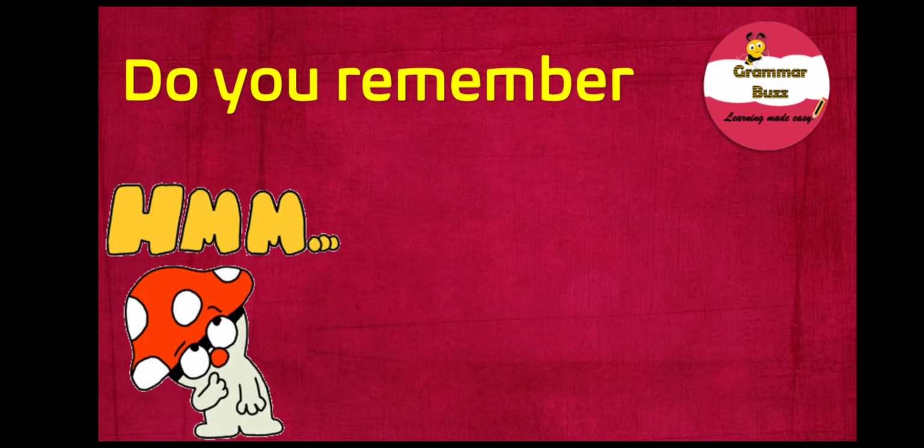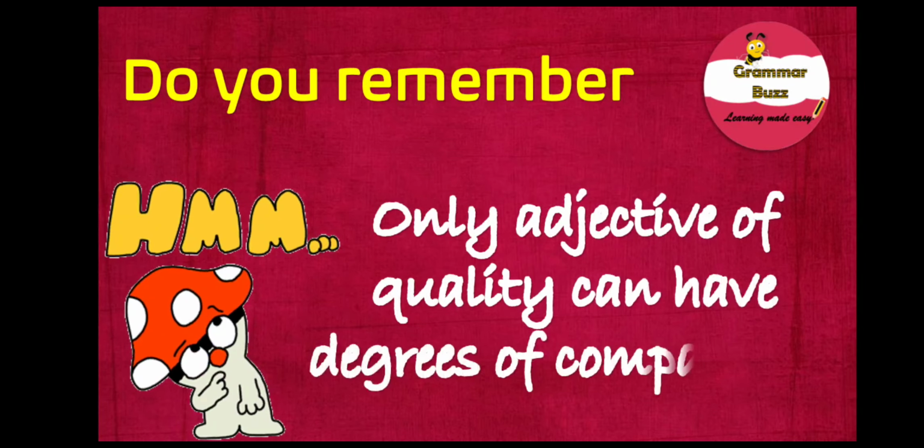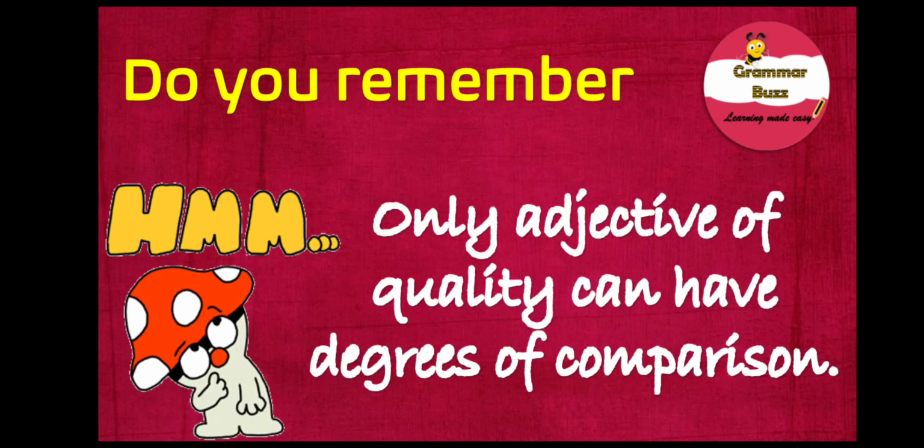I'm sure you do remember that only adjectives of quality can have degrees of comparison. So, they are kind of special, aren't they? Always remember, no other but only adjectives of quality can have degrees of comparison.